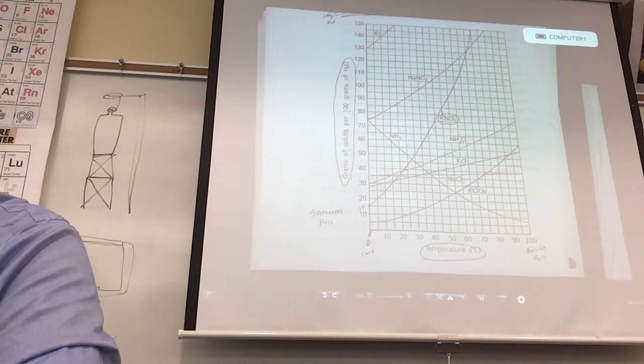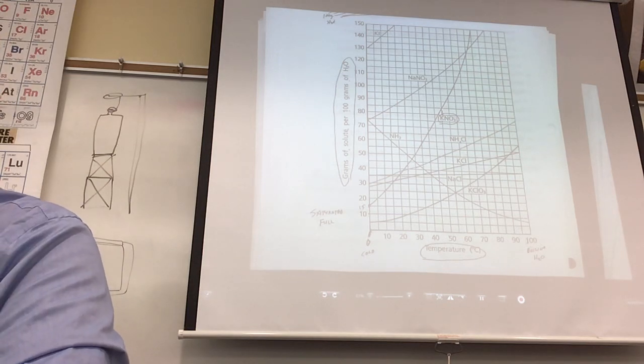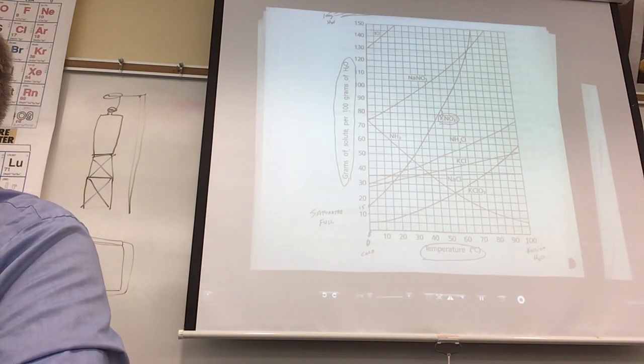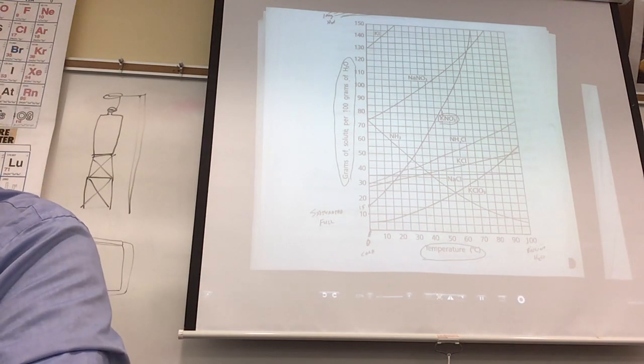How many are going to dissolve of the 16? 15. What's the other gram going to do? It's going to fall to the bottom. You cannot put more than 15 grams in that water. Could I put 14 grams in there? Yeah. If I can put 15, I can put 14, can't I?